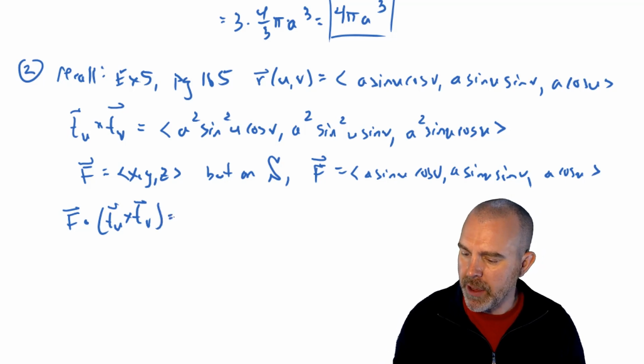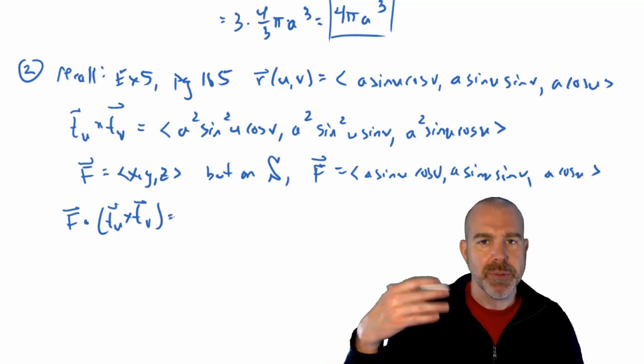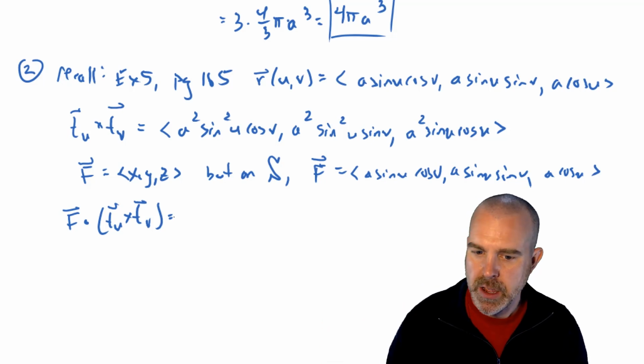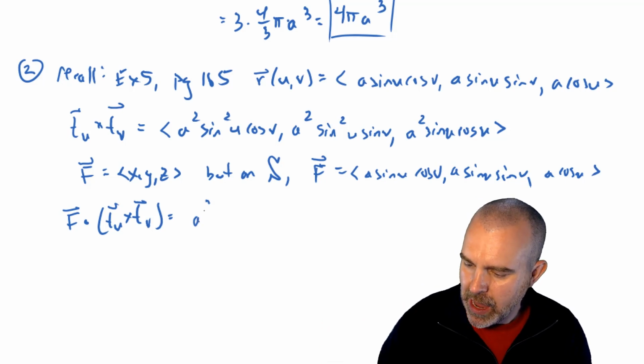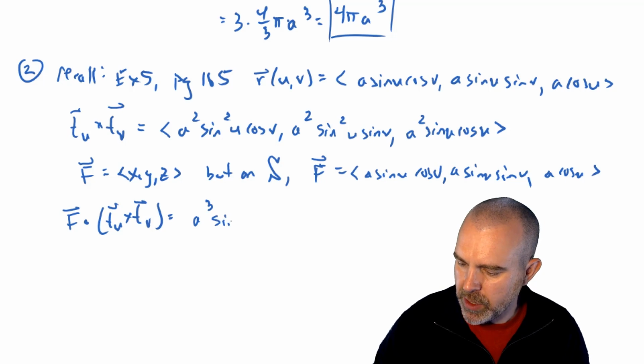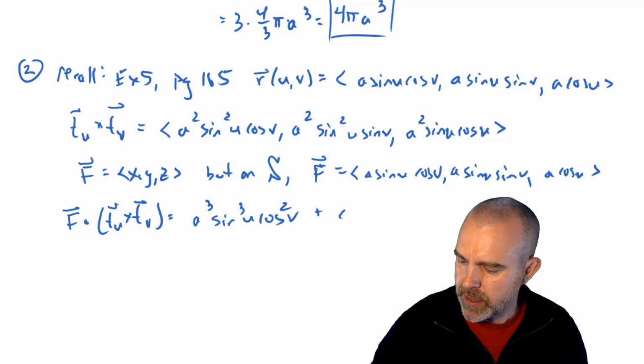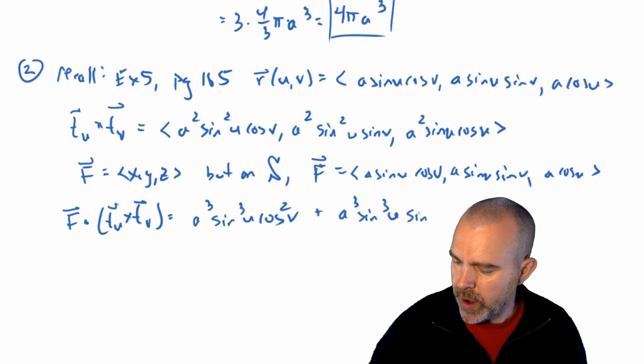So we're going to multiply the x components plus multiply the y components plus multiply the z components. So that is a cubed sin cubed u cos squared v plus a cubed sin cubed u sin squared v plus a cubed sin u cos squared u.